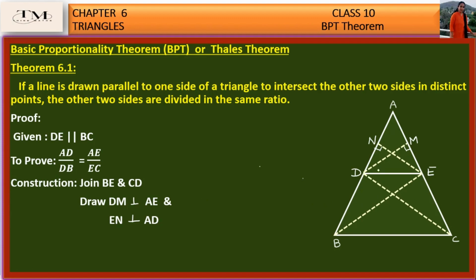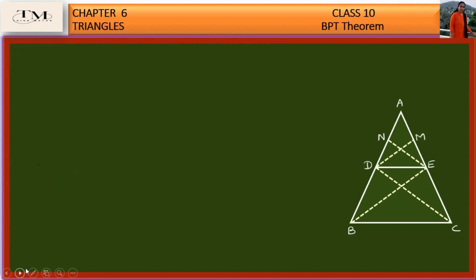Another construction is, in order to find the area, we need perpendiculars. So we are going to draw DM perpendicular to AE and another perpendicular EN perpendicular to AD. These are the constructions we need to prove. Now moving on to the next page for the proof.